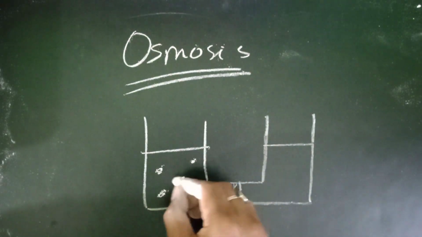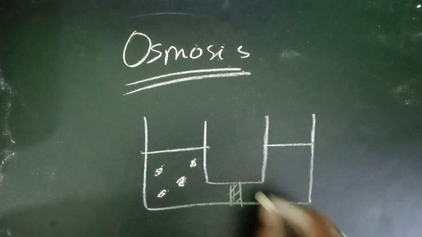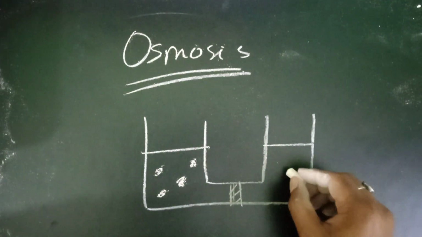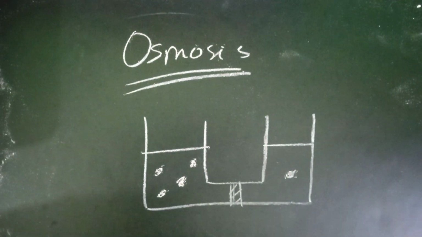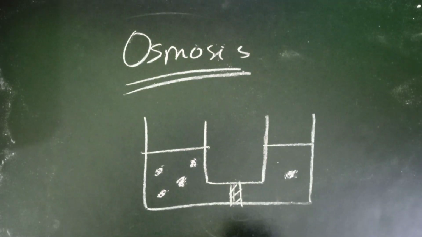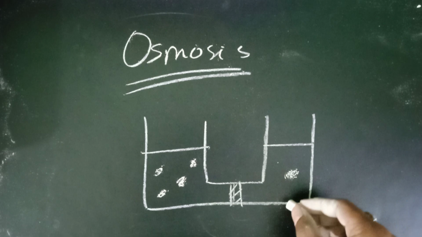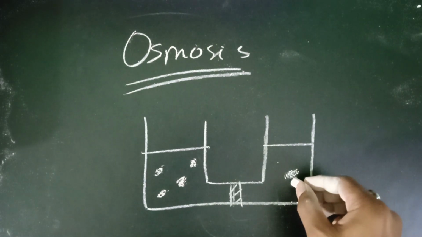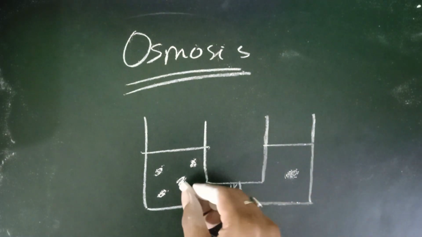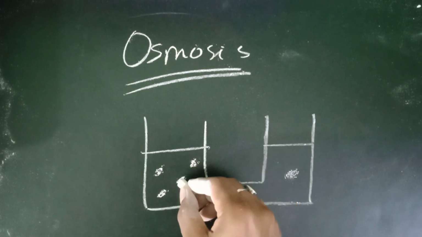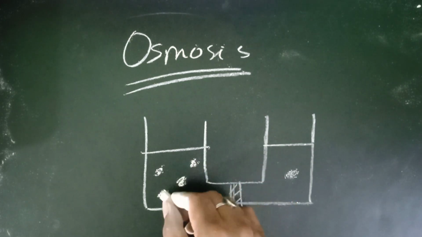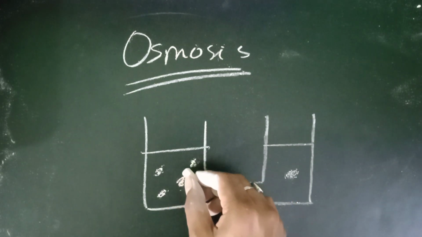There are 4 solute and the rest water, while here we have only 1 solute. This one solute needs less water to maintain some concentration, while this has 4 solute, so in that ratio it will need more water.